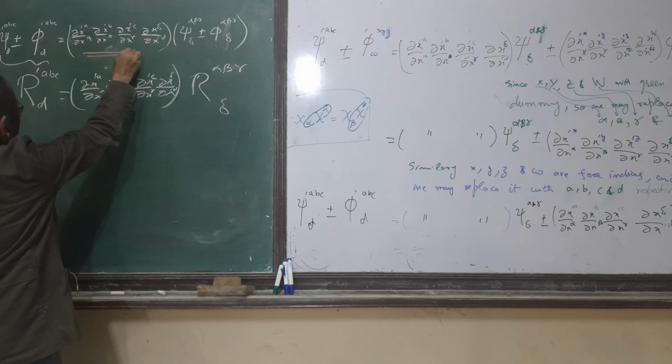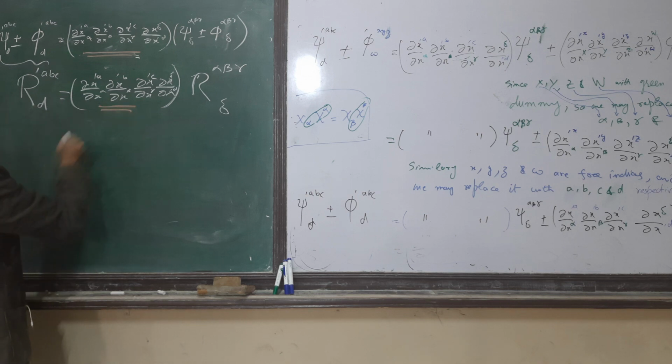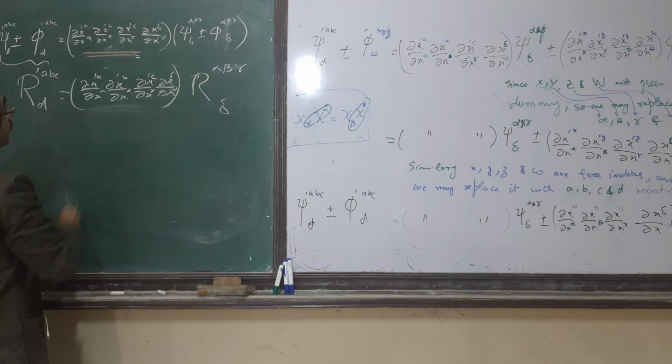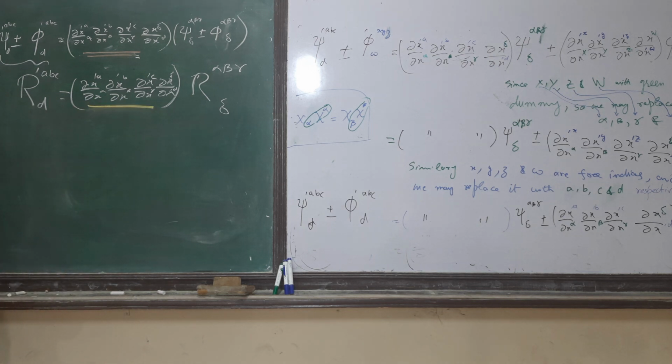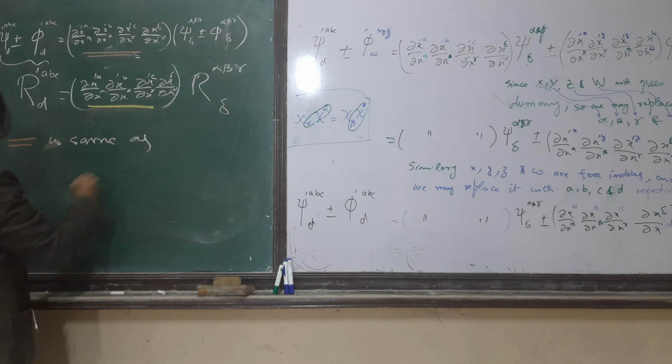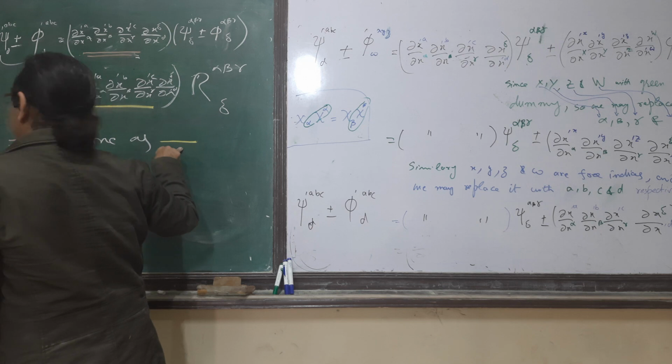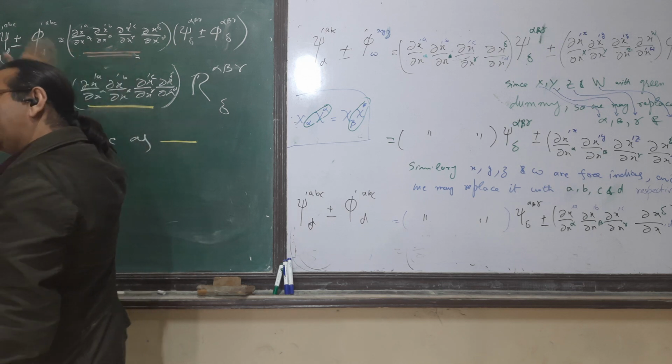What is the deal? This and this. ठीक है। क्लियर हो गया? ठीक है, this color line is same as this, okay, so it means true.